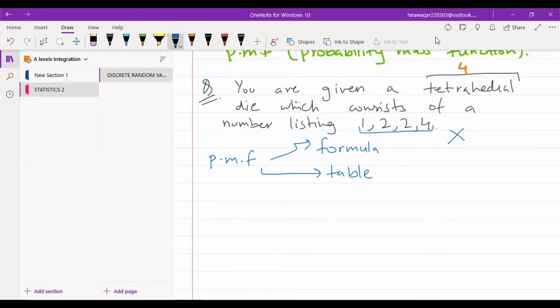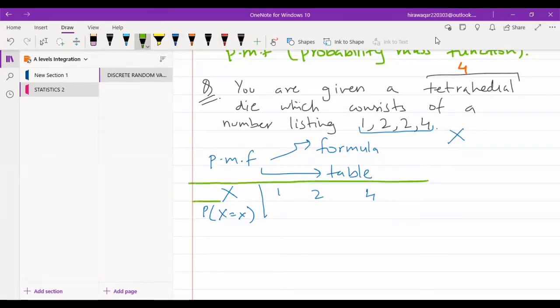So our random variable is considered as x, and the corresponding probability for this x is written below it. Starting with the values that you have been given, the initial values are 1, 2, and the last possible option is 4. Now we are closing this table.